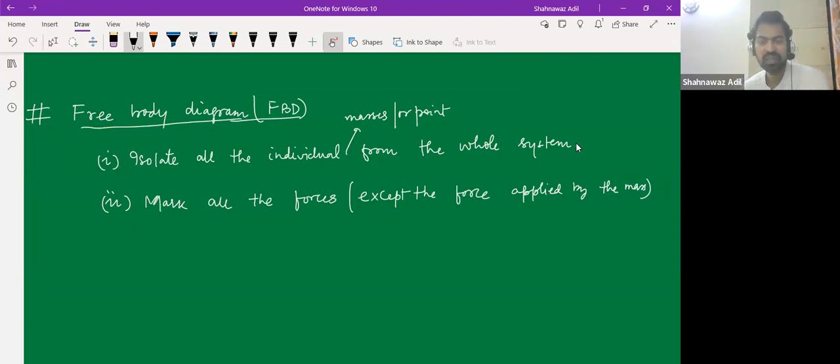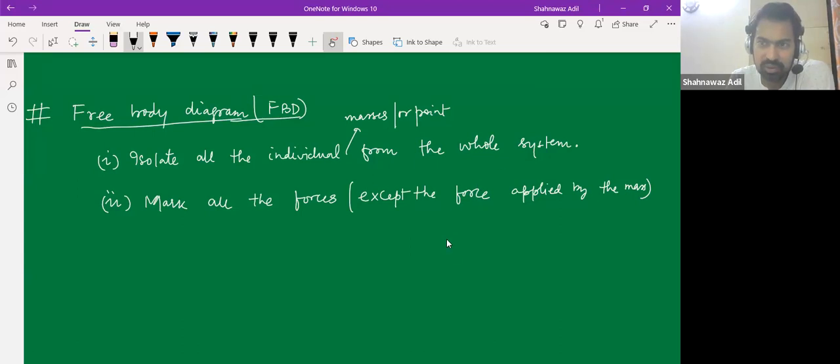Whenever you have completed noting it down, then we'll see what is the meaning of this free body diagram. Okay. Done, sir.